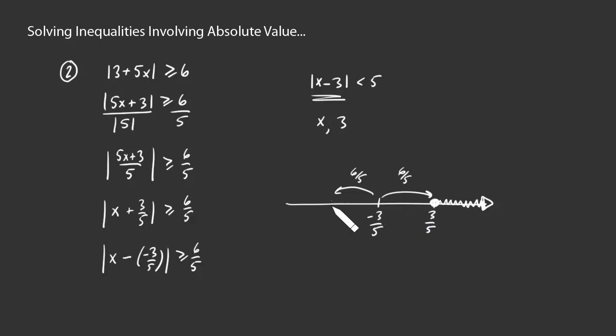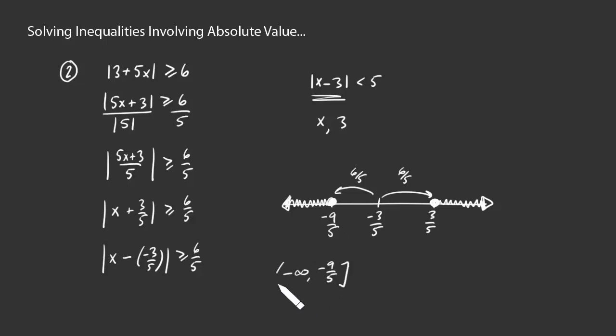Likewise, over here, if I subtract 6/5, that's going to take me down to negative 9/5. If I subtract even more than 6/5, that takes me farther to the left. And so I shade those in as possible values of x that work. And here again, because of the non-strict inequality, I want to shade in negative 9/5 as well. And so just as before, we have this solution set that goes from negative infinity up to negative 9/5.